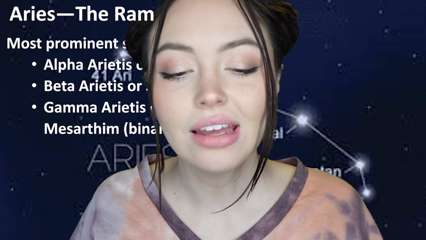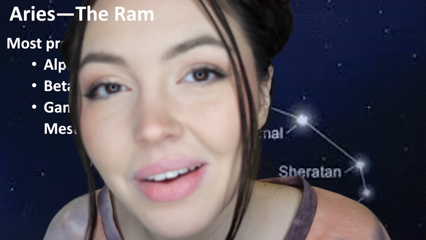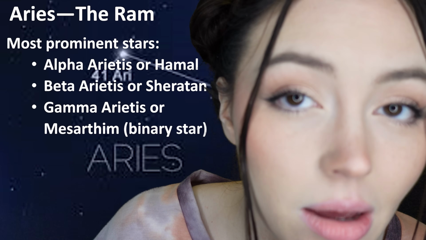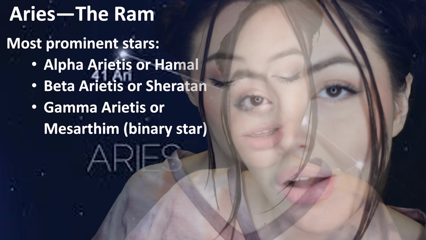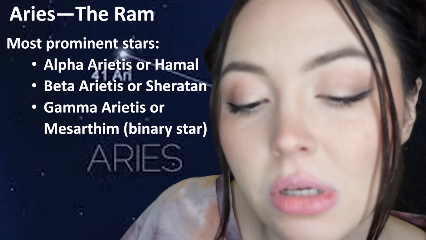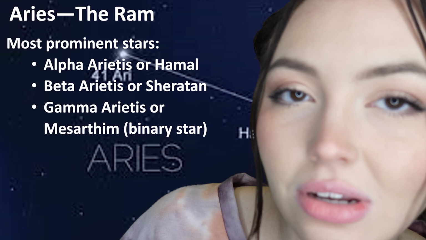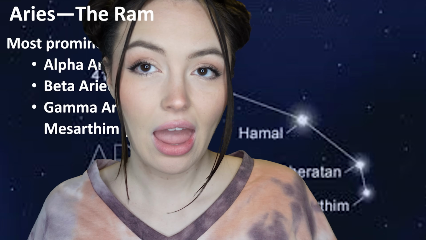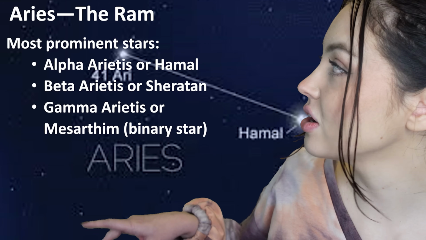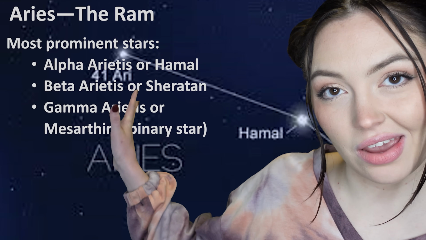And then its third most notable star is Gamma Arietis, also known as Mesarthim. And you can see these stars in the constellation Aries. Aries stands for the ram.